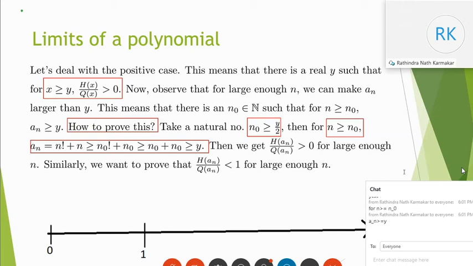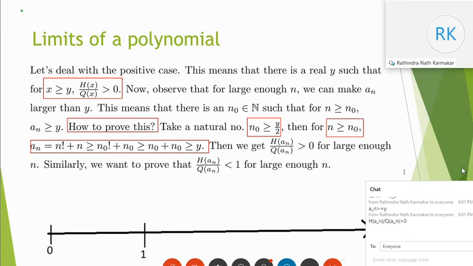But if we substitute x equal to an in the first statement, then we get h of an by q of an is greater than 0. So what does this mean? It means that for sufficiently large values of n, h of an by q of an will be greater than 0. How did we prove this?